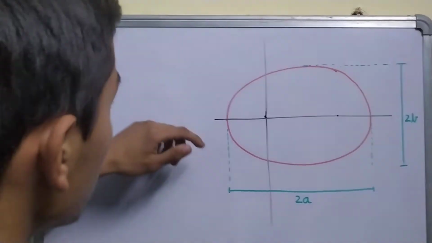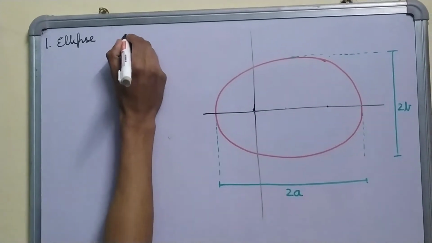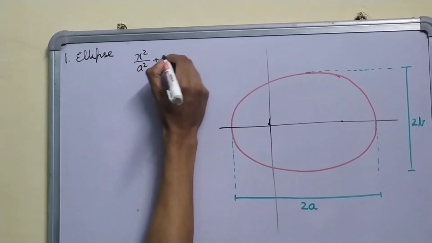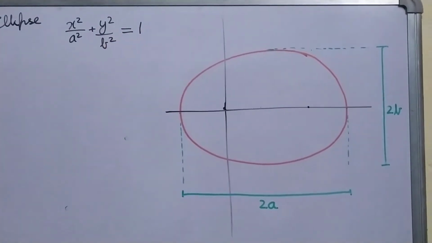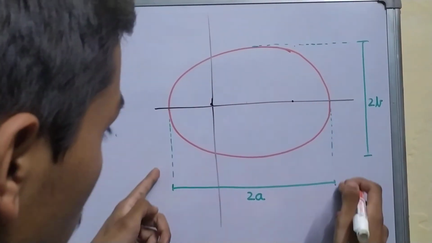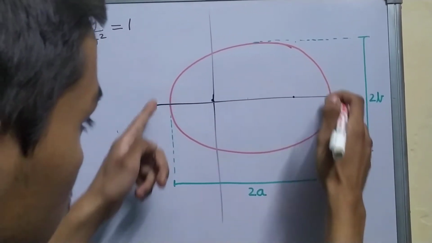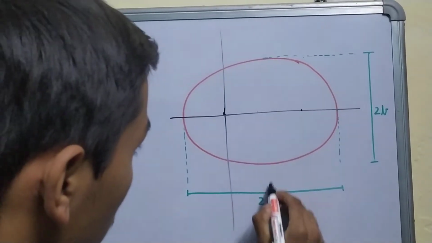The equation of an ellipse in Cartesian coordinates is x squared upon a squared plus y squared upon b squared is equal to 1. What are a and b? This length is the major axis, twice a. So we divide this length in two parts.